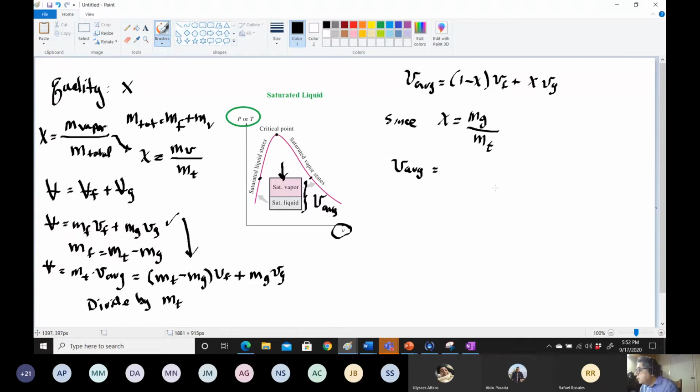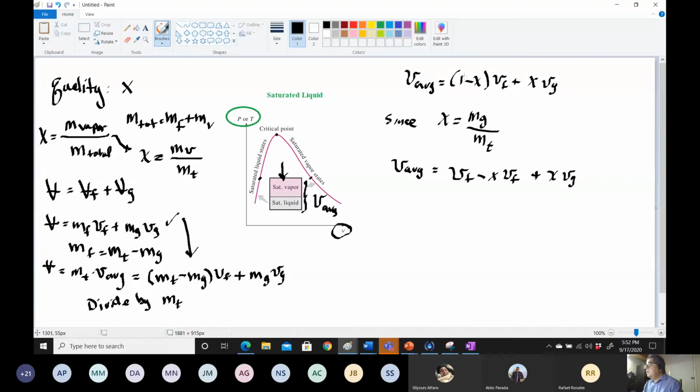is equal to V_f minus x V_f, when we multiply V_f through, plus x V_g, right?